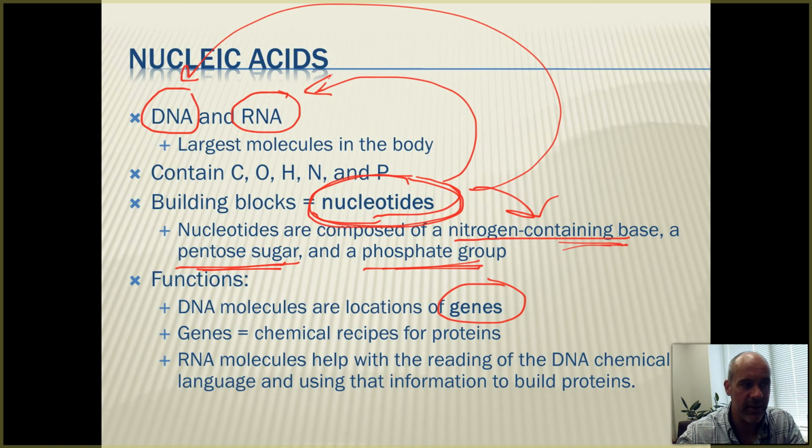These DNA molecules function as information storage molecules, even though they're chemicals. Genes, interestingly enough, function as chemical recipes that tell your cells how to make proteins. So get used to thinking about that. Genes are blueprints, recipes that provide instructions for how to make proteins.